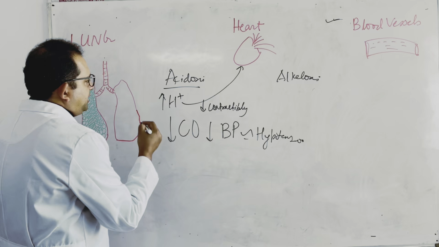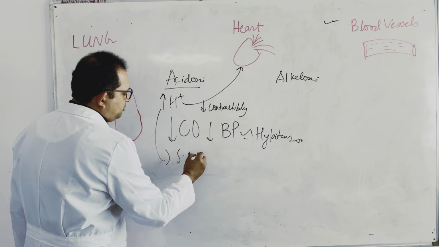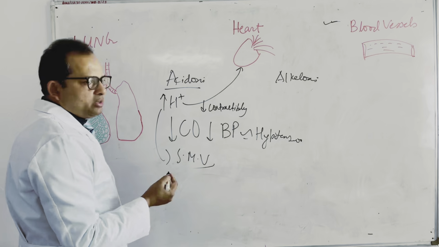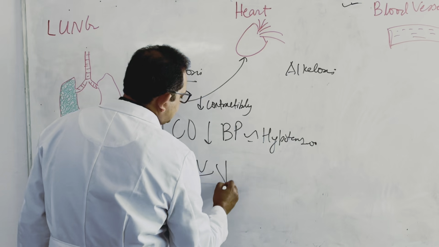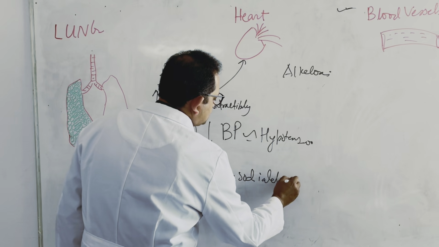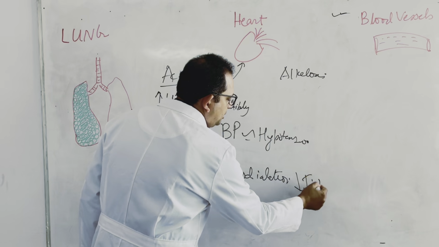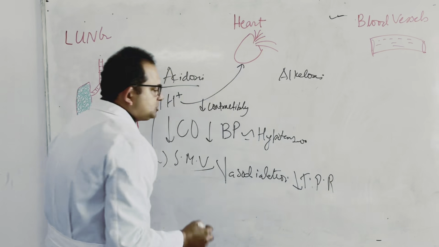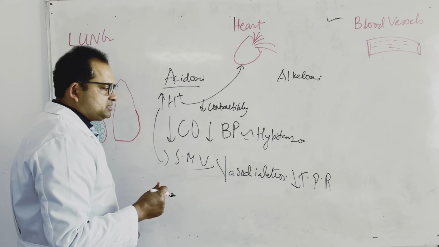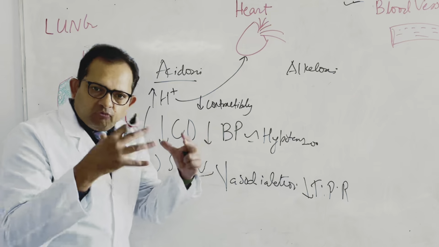Again, the H plus ion also has an effect on the smooth muscles of blood vessels. What will it do? It will cause vasodilation. Vasodilation will lead to a decrease in total peripheral resistance. Once the total peripheral resistance is decreased and there is vasodilation, there will be a decrease in volume.